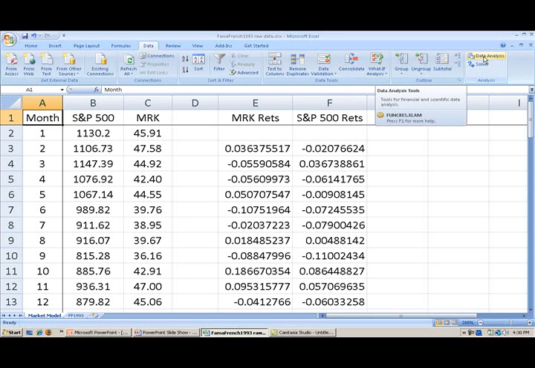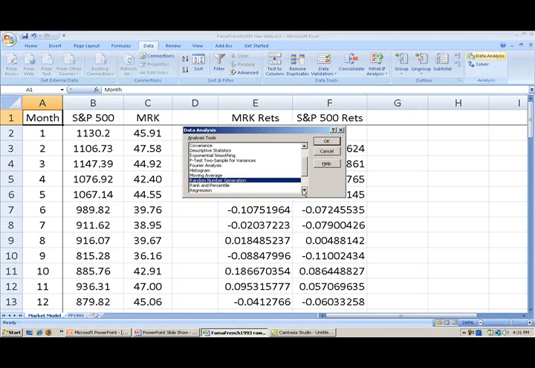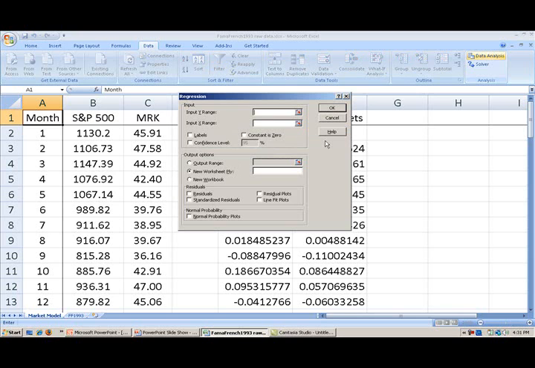Once it's loaded in the Analysis Toolpack, you should see Data Analysis on the far right hand corner. Select Data Analysis, and if we scroll down these options, we want to select Regression. Click OK. Excel now prompts us to input the Y range and input the X range.